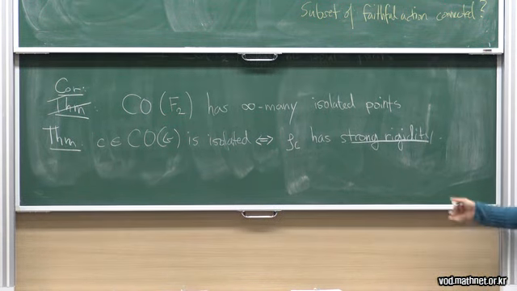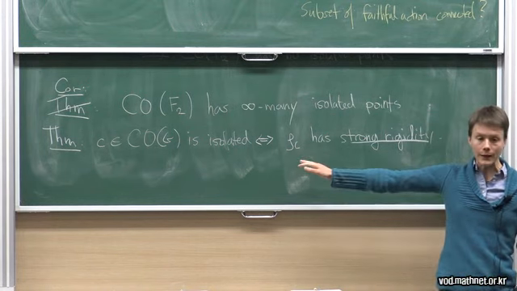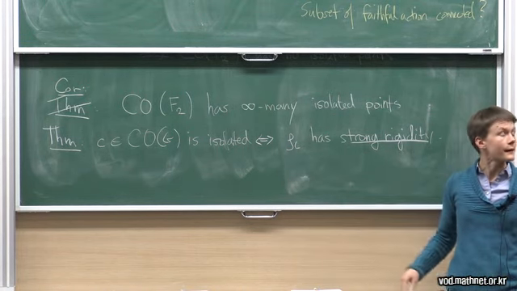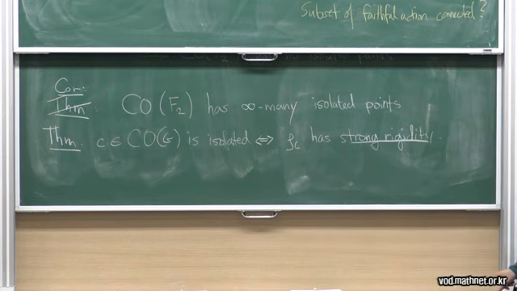So let me tell you what I mean by strong rigidity. It should mean that if you perturb this a little bit, you're only changing it basically by a conjugacy. Small perturbations are trivial deformations.